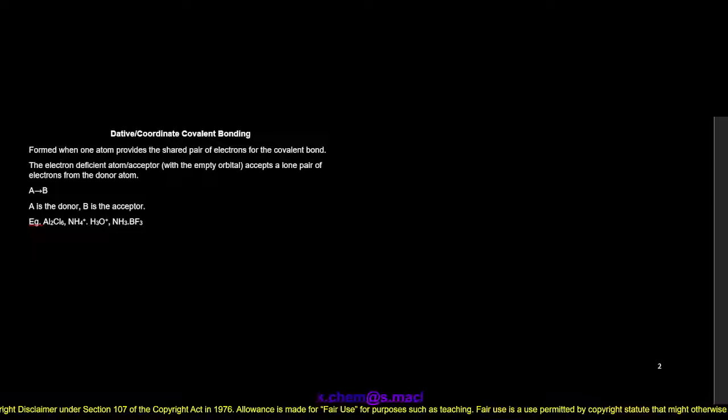So for example, if you look to my screen, you're going to see A with an arrow pointing to B. A is what we call the donor atom. It would possess a lone pair of electrons that it can donate to B, where B has available space in its outer shell to accept this lone pair of electrons, which will become a shared pair, or what we call a bonding pair.